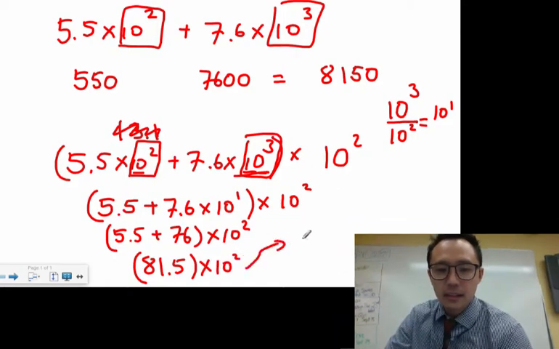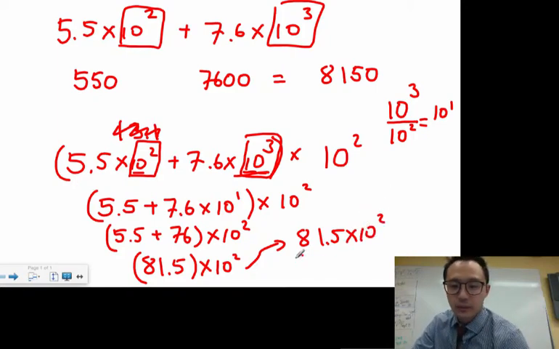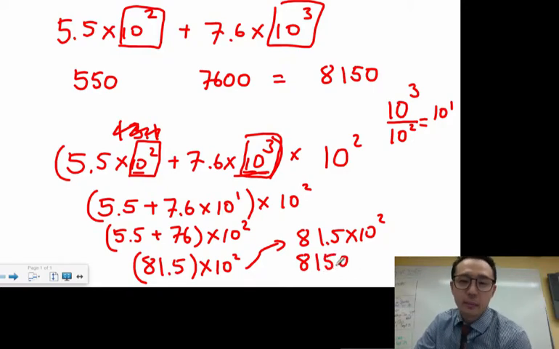This gives us 81.5 times 10 to the 2. If you want to change this into decimal form, it's just going to be 8150. So that's my answer. That's what we initially calculated, right?